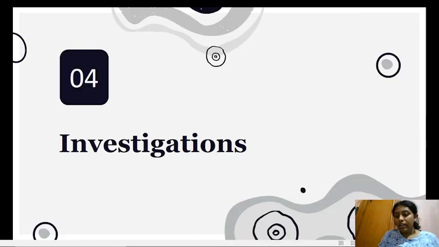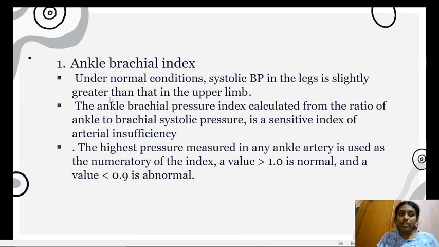Okay. Next is investigations. Investigation includes ankle brachial index. Under normal conditions, systolic blood pressure in the legs is slightly greater than that in the upper limb. The ankle brachial pressure index, calculated from the ratio of ankle to brachial systolic pressure, is a sensitive index of arterial insufficiency.